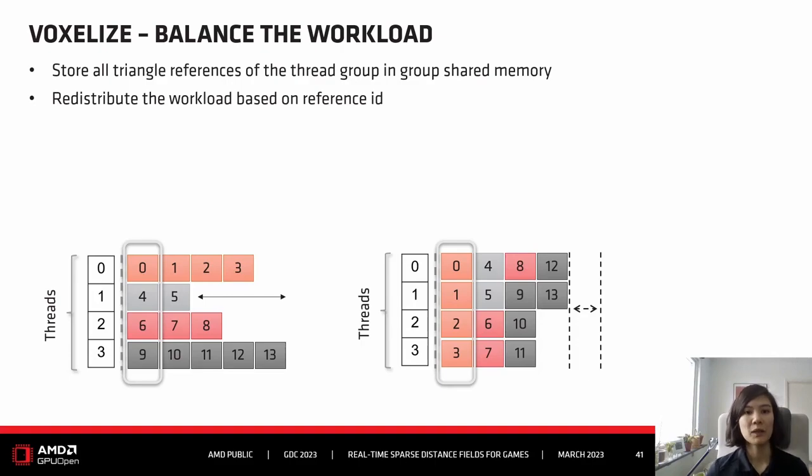Once all the references are stored there, we let the threads abandon the triangle and just pick a reference based on the reference ID from the group shared memory. They don't care which triangle it belongs to. In this way, all the references from the whole thread group get distributed to all the available threads.